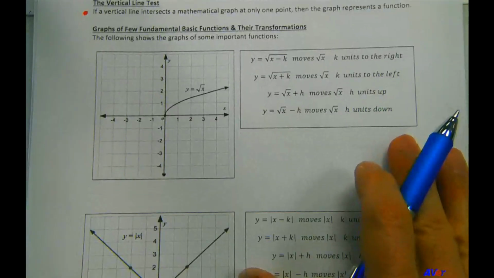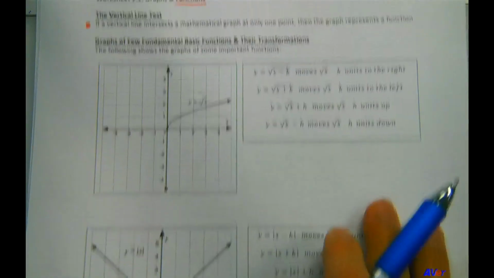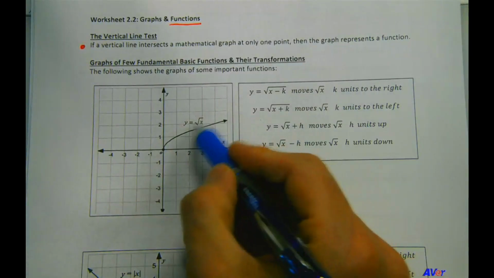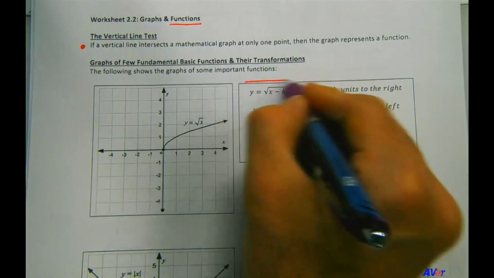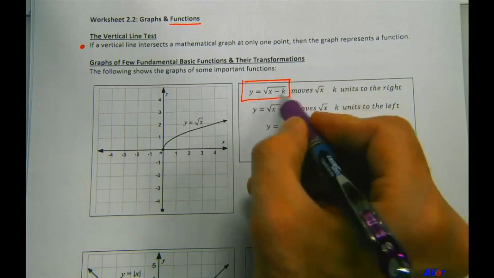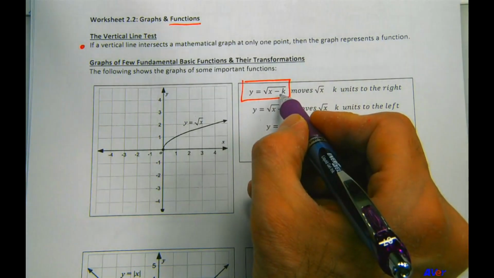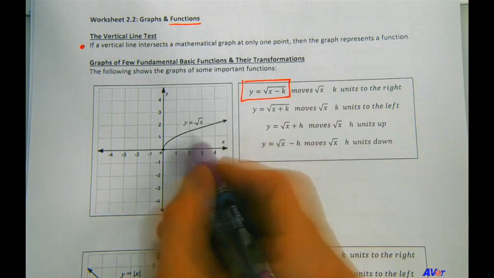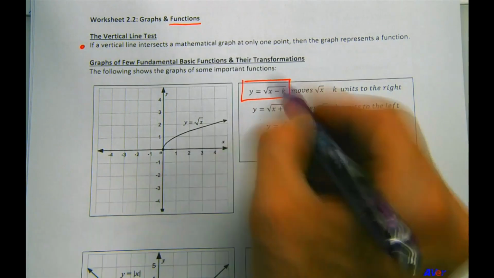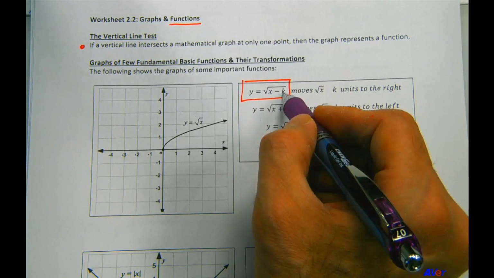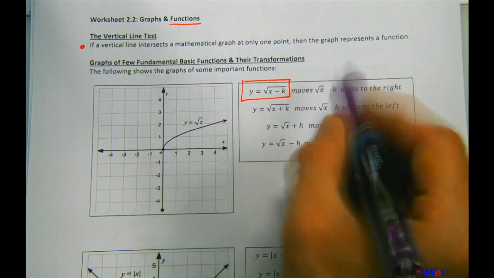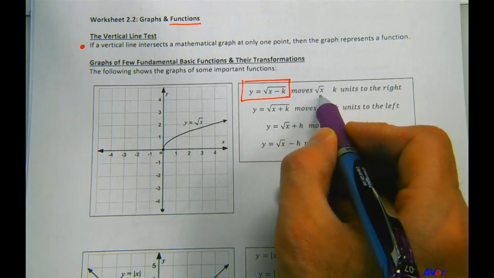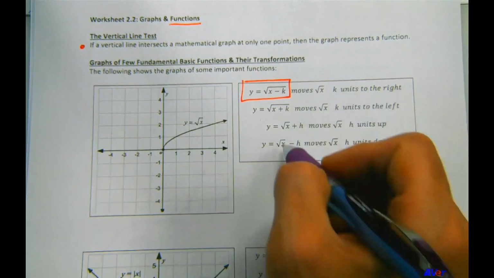Then, talking about each of these main seed functions, such as the square root function, the general form of a square root function is that one. And let me box it like that. So if k is equal to 0, then you have square root of x. If k is some positive number, say 2, then square root of x minus 2 moves the original square root function k units, or 2 units, to the right.